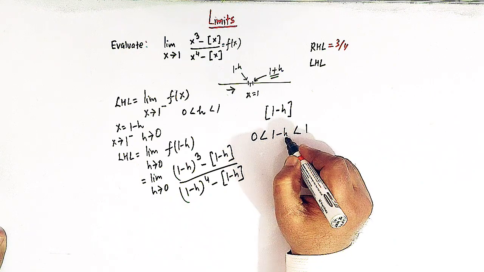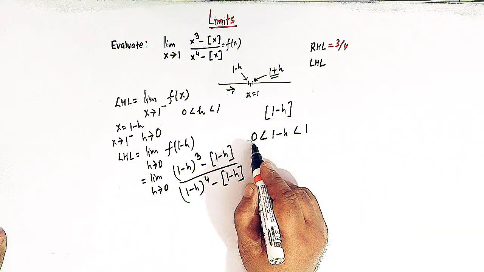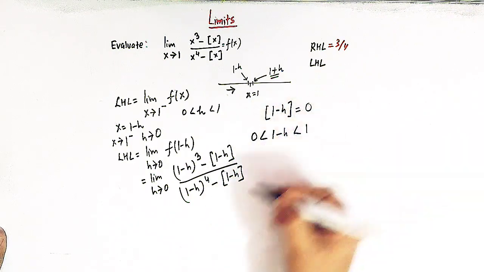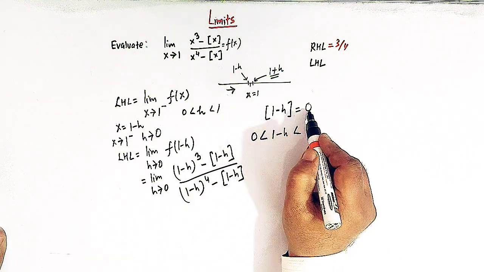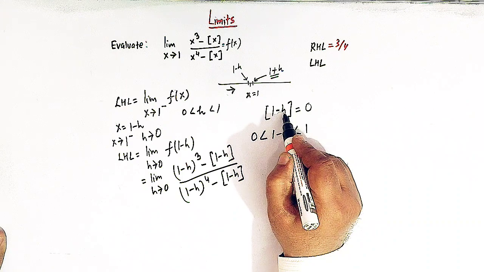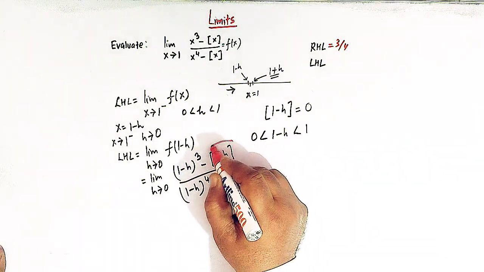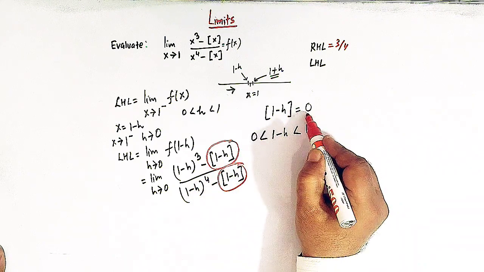It is always greater than 0. So the greatest integer of 1 minus h should be equal to 0, because the greatest integer less than 1 minus h is 0. So now we can replace this quantity and this quantity by 0 here.